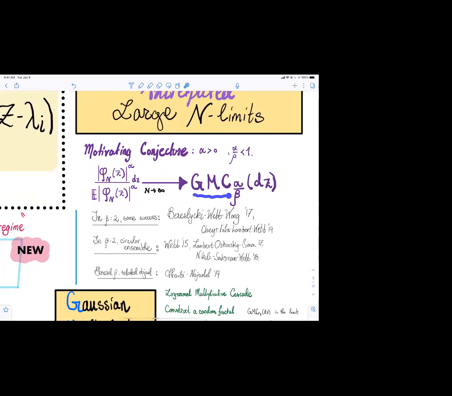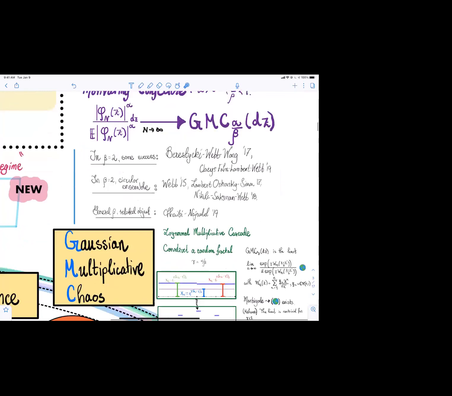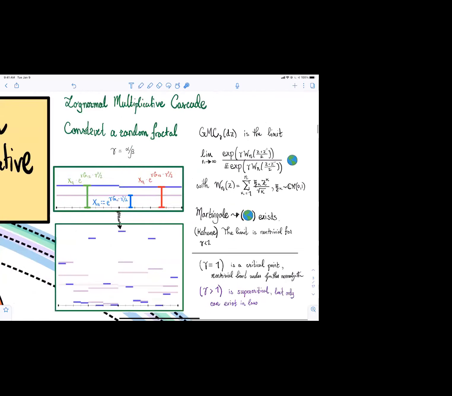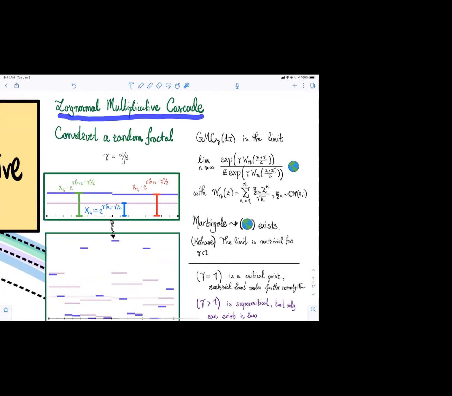If this is the first time seeing this, let me say what this is. It's a really nice object, a class of random measures. There's a particular case where you can see why it should be called a random fractal. If you choose a very specific case, this is the log normal multiplicative cascade. You can build this as a limit of a type of random Cantor set.